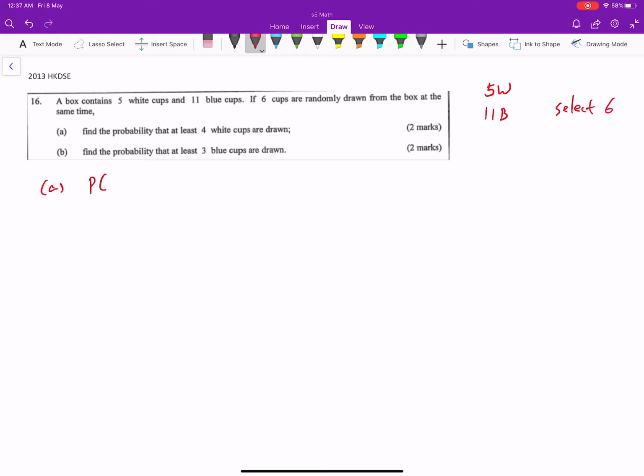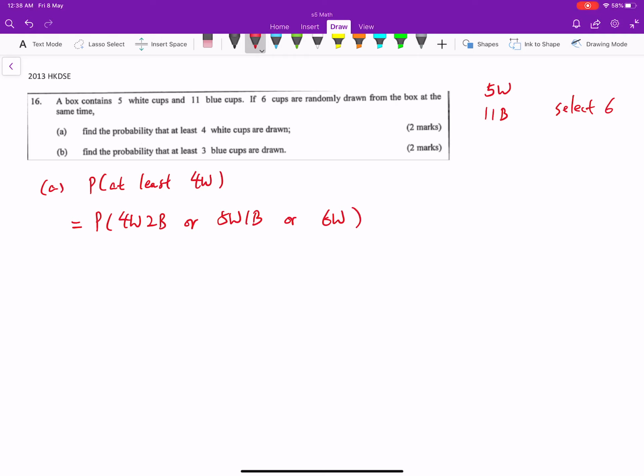So P, at least 4 white. So now we pick 6, right? So you can have 4 white, 2 blue, or 5 white, 1 blue, or 6 white, no blue, right?